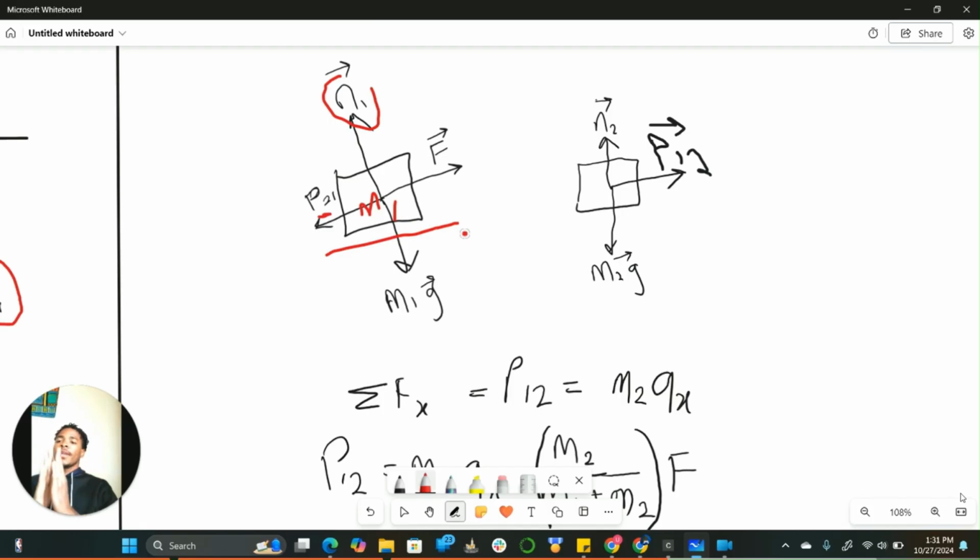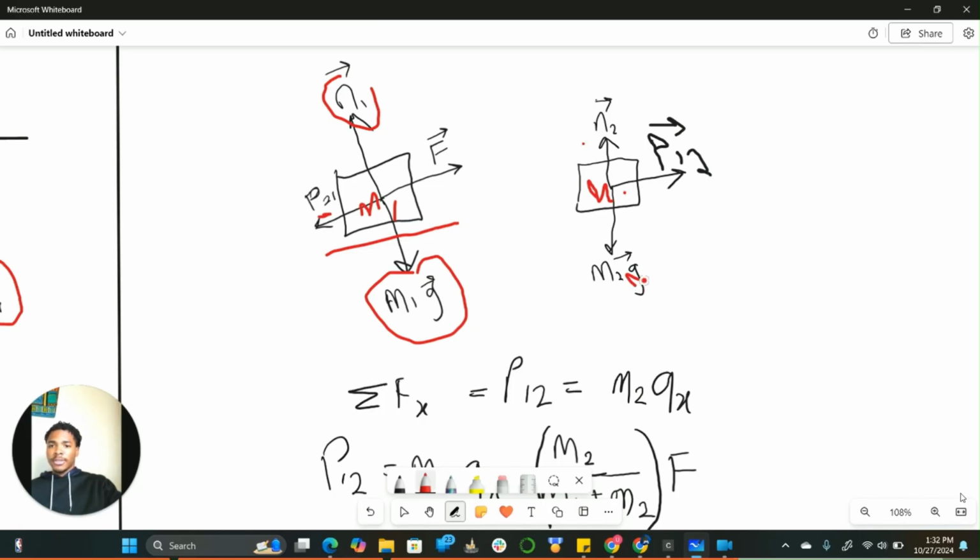Then m1 times g is just the force of gravity on m1. This is m2, the same thing: the normal force, the gravitational force, and the contact force.